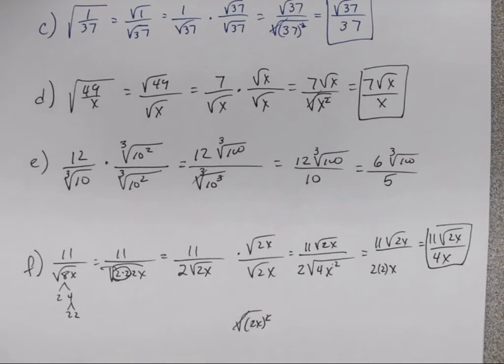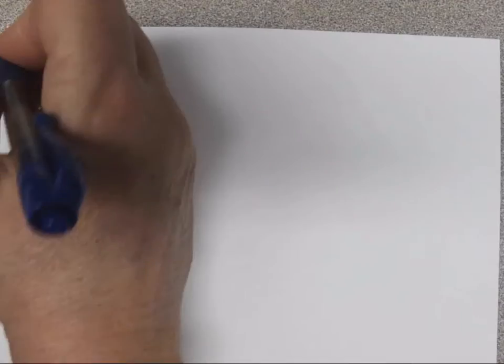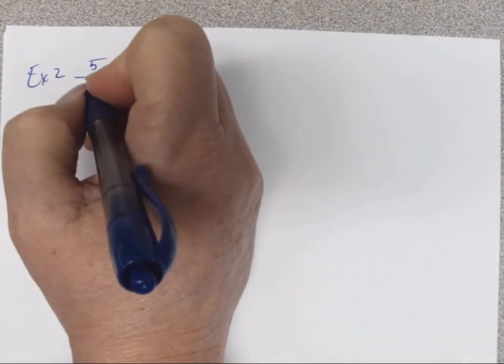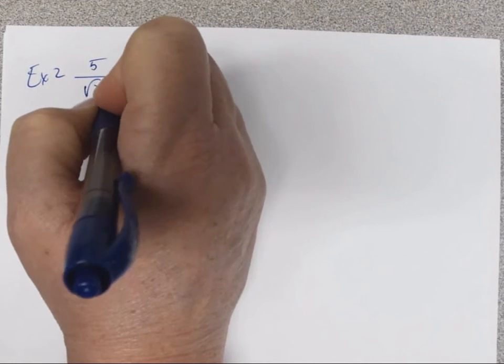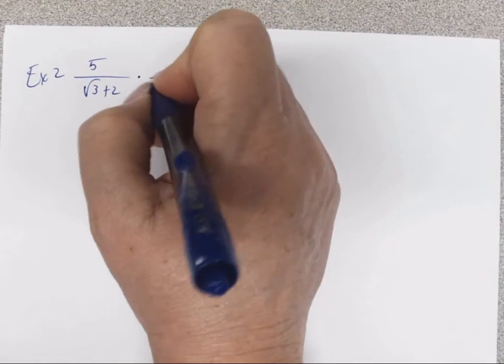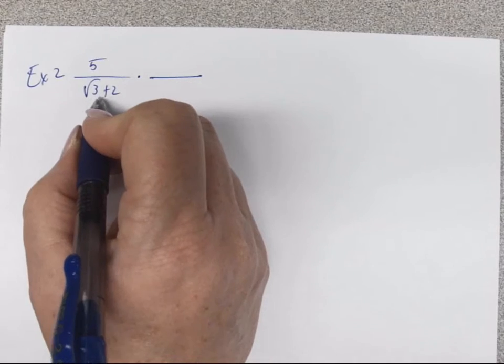All right, let's go look at another example. We have 5 over the square root of 3 plus 2. This is where we have 2 terms in our denominator, so we're going to have to multiply by a conjugate. So it'll look just like this, except we'll change the sign in the middle.